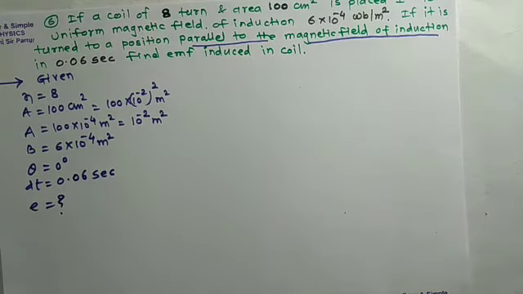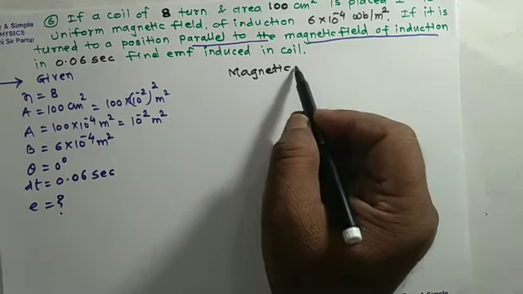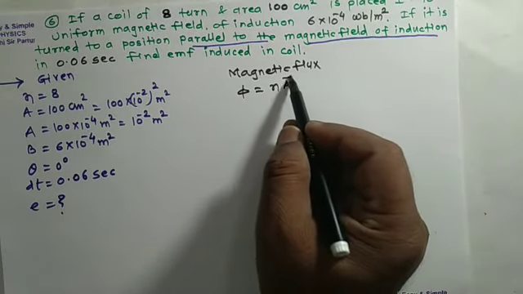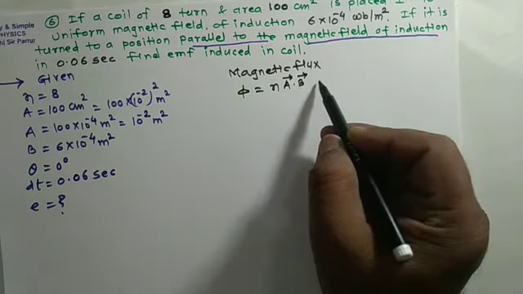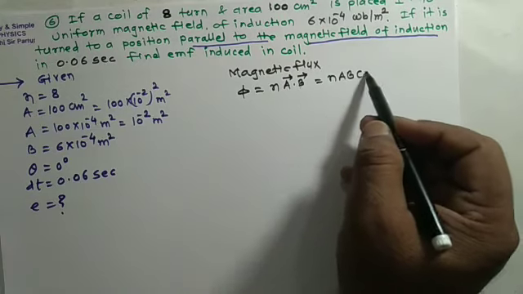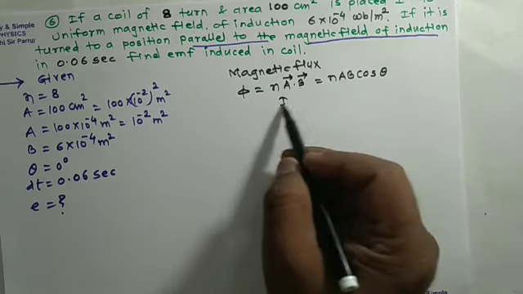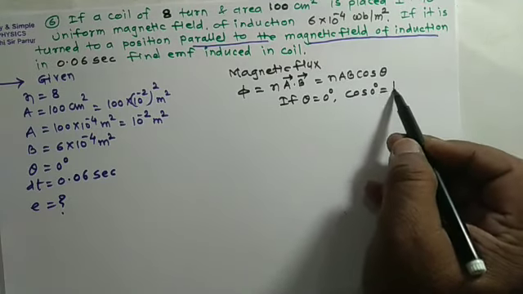So first of all, we can use the formula for magnetic flux: phi equal to N vector A dot vector B, that is the scalar product, which can be written as NAB cos theta. For the parallel position to the magnetic field, theta is equal to 0 degree, cos 0 degree becomes 1.